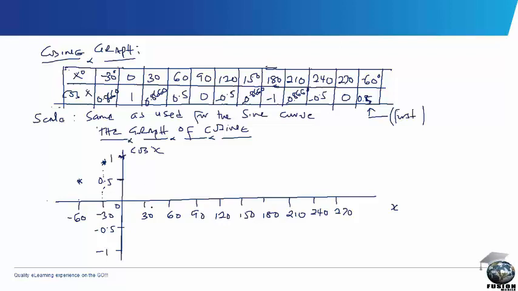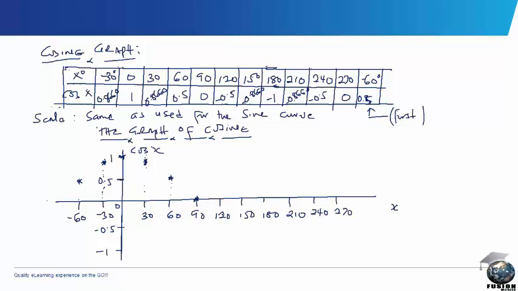For 30 degrees you have 0.86, somewhere here too. For 60 degrees you have 0.5, somewhere here, and then for 90 we have 0.